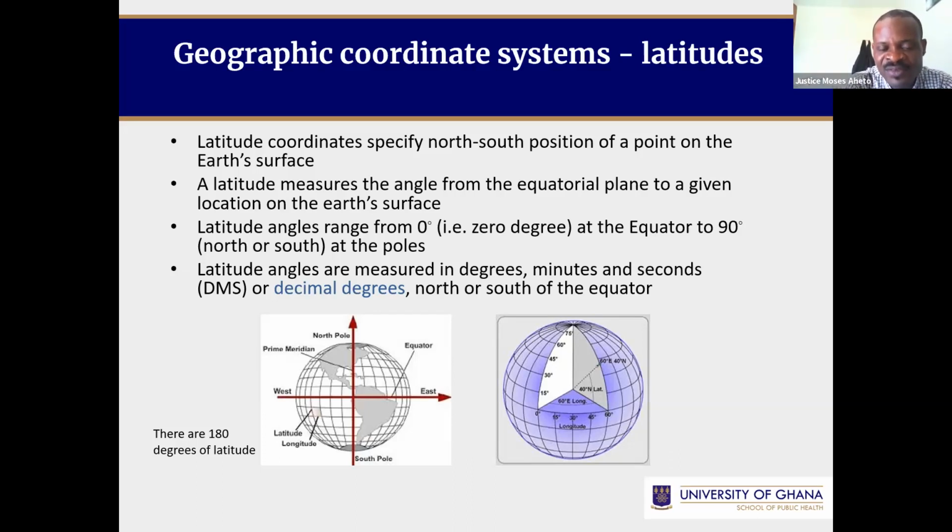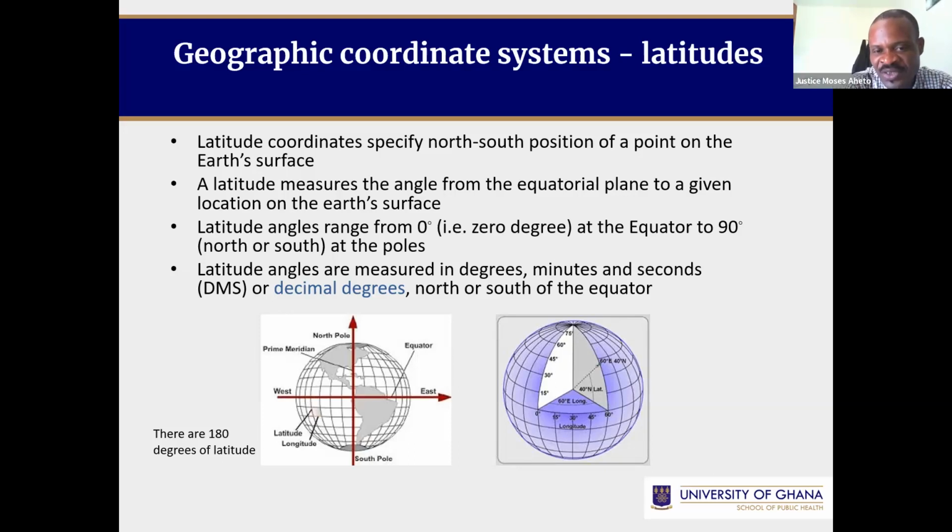And this is how you're able to tell a distance from one location to another, because distance is involved in these estimations based on the latitude and the longitude. You can estimate distances between two different locations. And the latitude angles range from 0 degrees at the equator to 90 degrees, that is to the north or south at the poles.